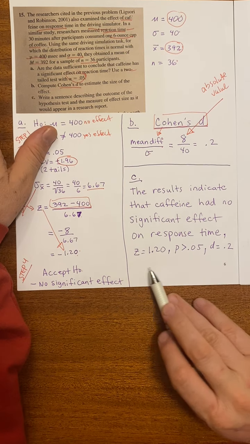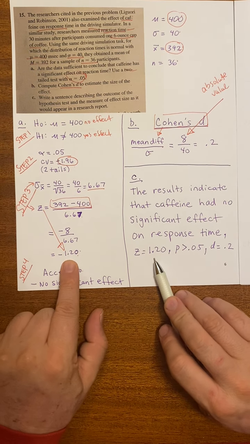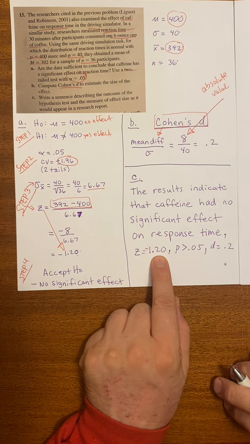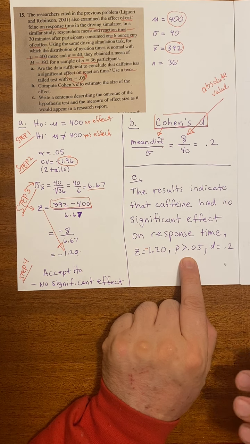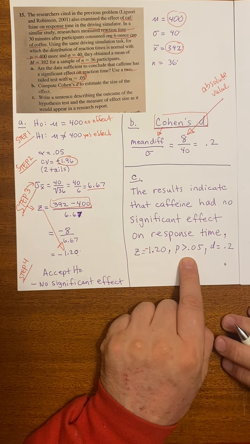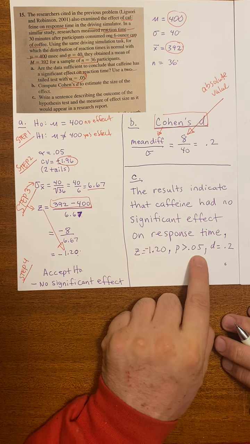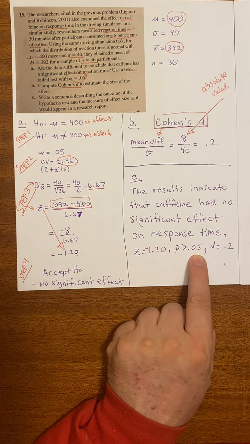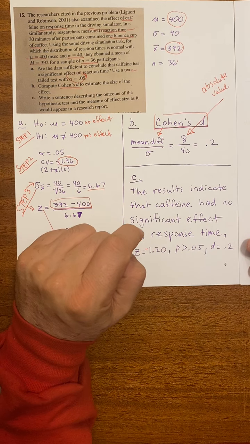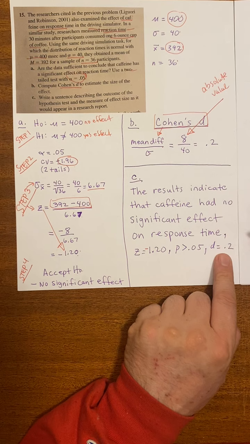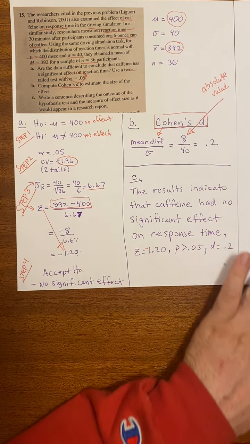We know that because our Z that we got was negative 1.20, and the critical region that we'd identified was where we'd have this probability that was greater than 0.05. We didn't get that, and so that's why we're saying that the results are not significant, and we just then report the Cohen's D as the 0.2.